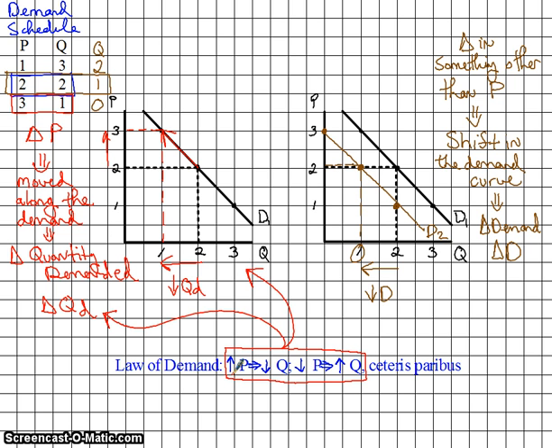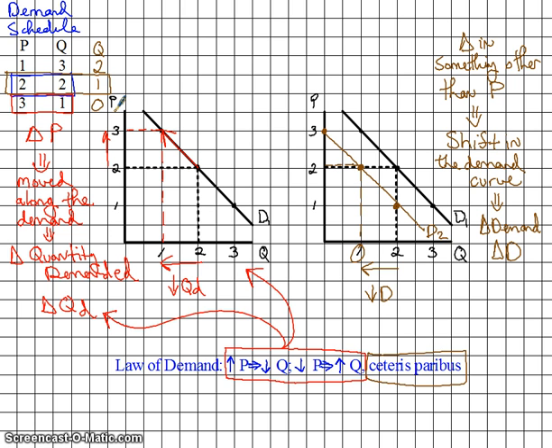The second part of the law of demand is ceteris paribus, which means everything else held constant. In order to move along a demand curve, we have to assume that nothing else in the world is changing except the price of the good. People's incomes aren't changing.